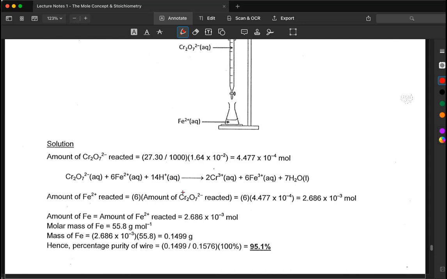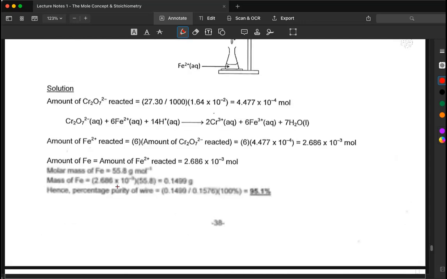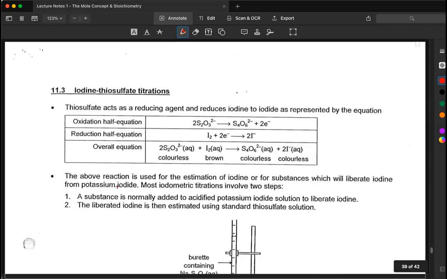You don't have to memorize this. Then Fe2 plus is 6 times the mole of this. Iron and iron 2 plus should have the same mole. Then you multiply by the molar mass to get the mass, and then you divide by the mass of the iron to get the percentage purity.